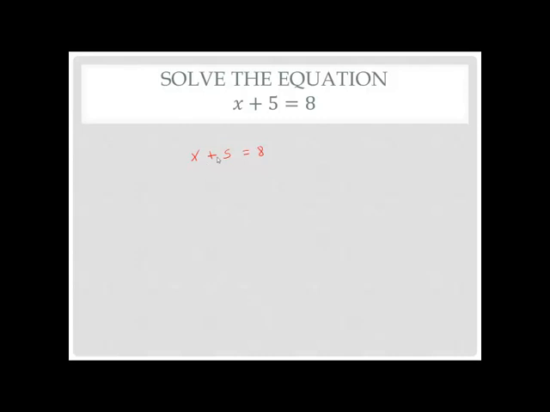We're trying to undo this side to isolate x. So x plus 5, I want to undo it and subtract 5, because positive 5 and negative 5 is 0. It cancels out. Then I want to come over here on the right hand side and do the same thing, subtract 5. And that tells me that x is equal to 3.